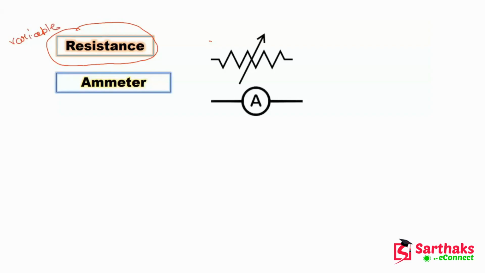Here in this case, the resistance will vary. That's why its symbol is different from the previous symbol. Now let's talk about the symbol of an ammeter. So this is a symbol of an ammeter. Okay guys, I hope you get my point.